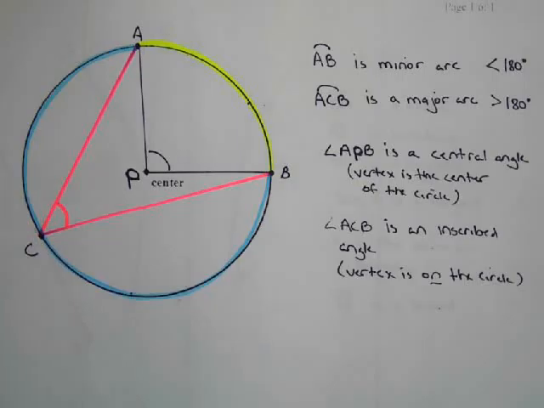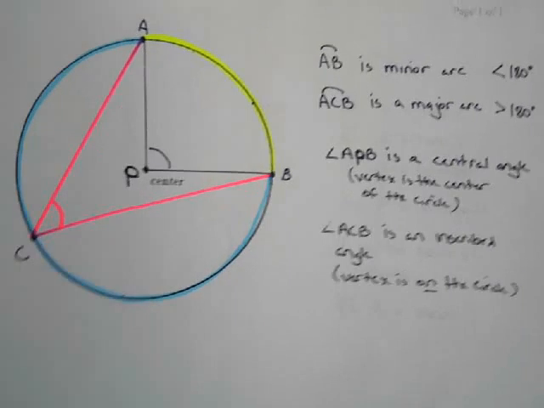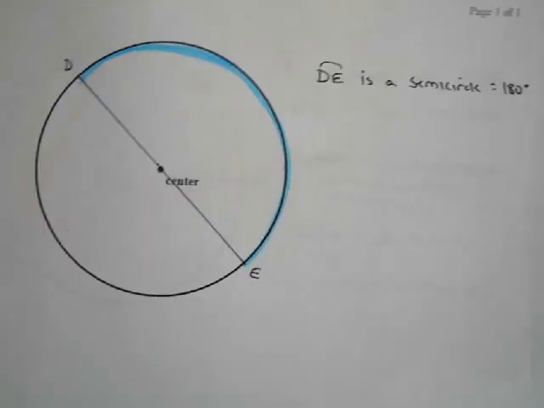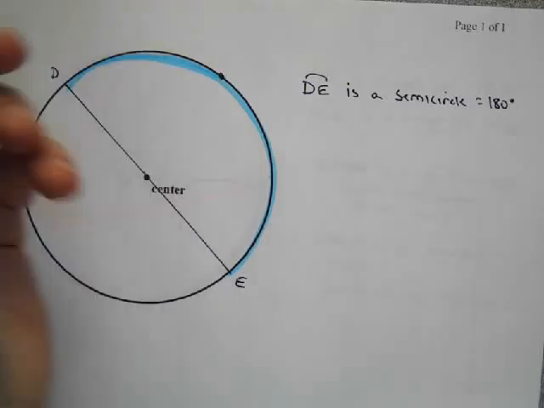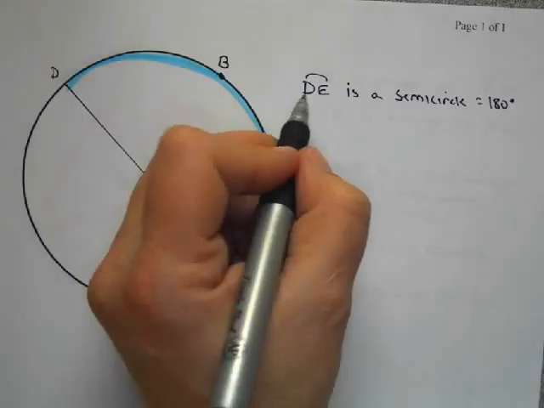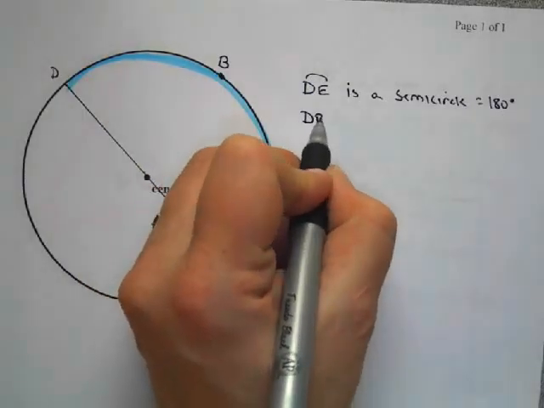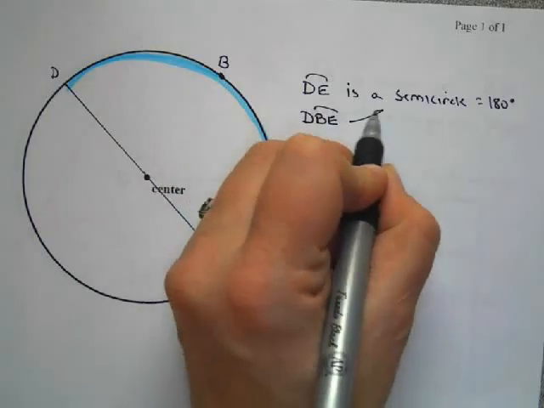Angle ACB is an inscribed angle because its vertex is on the circle. And then finally, our semicircle, and a lot of times it gets named with 3 letters as well, so we could call it DBE, is a semicircle, equals 180 degrees. So those are the parts of a circle that you need to know.